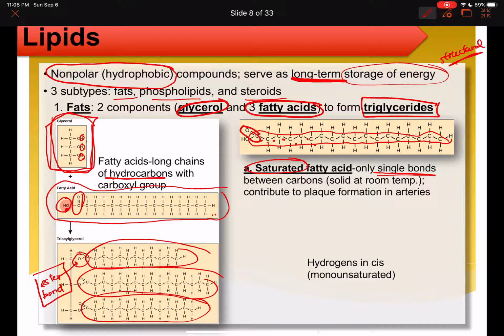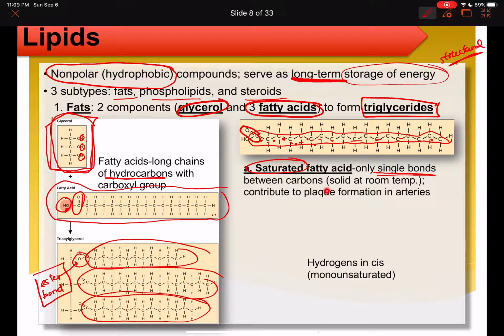We're talking about these carbons here along the whole chain, the hydrocarbon itself. Okay, so they're all single bonds, no double bonds, and hence they are saturated with hydrogen atoms all over. That's why there's all these H's all over the place. That's why it's called saturated fatty acid, because they are saturated with hydrogen atoms.